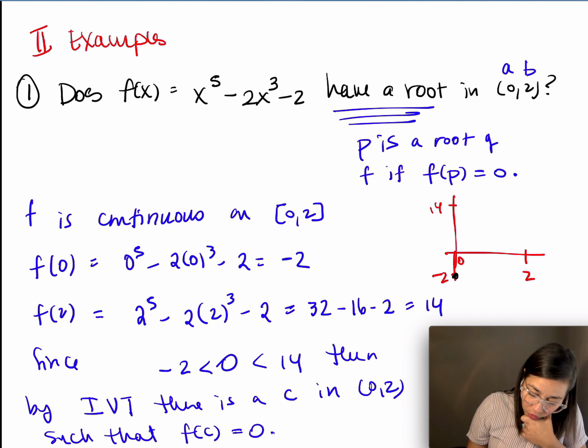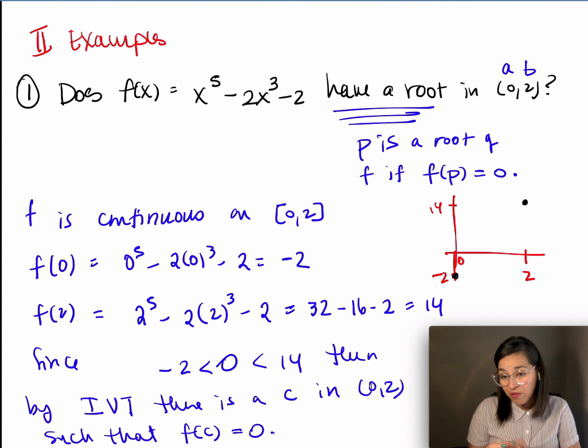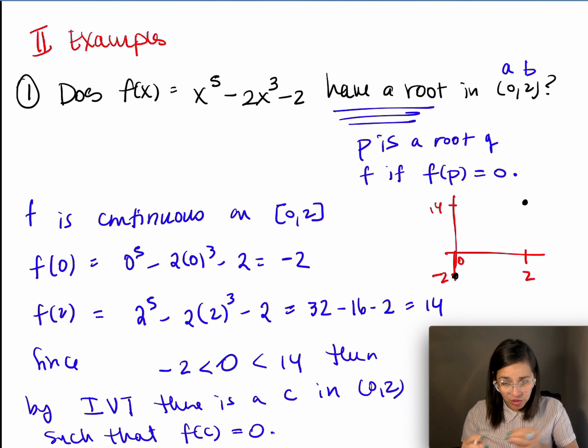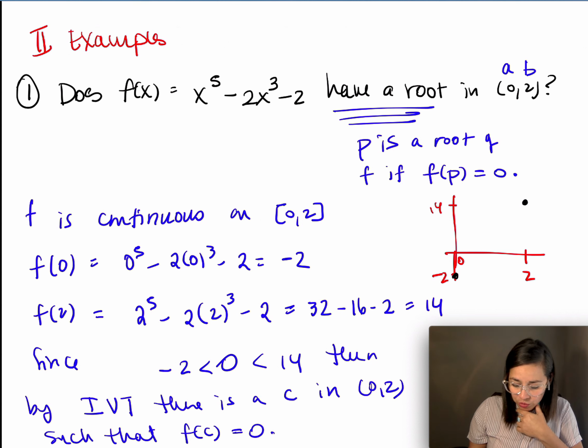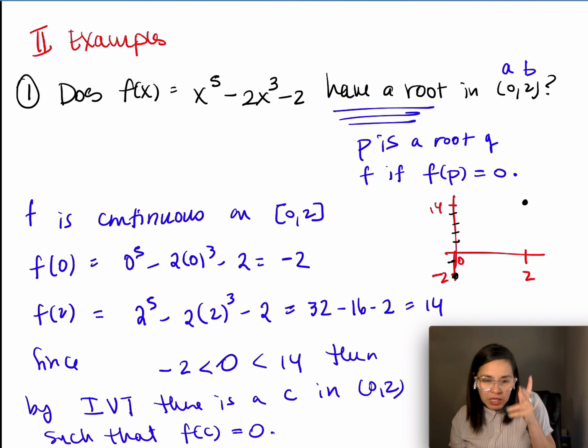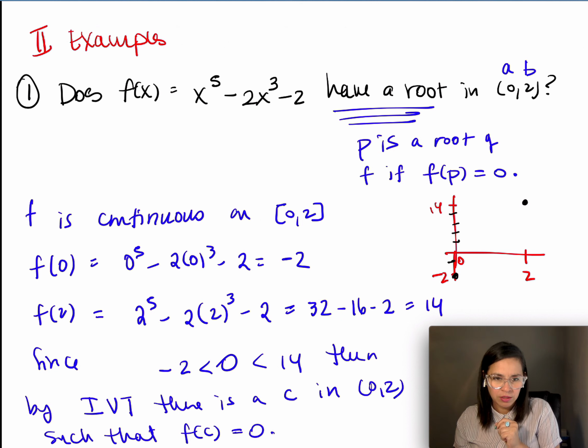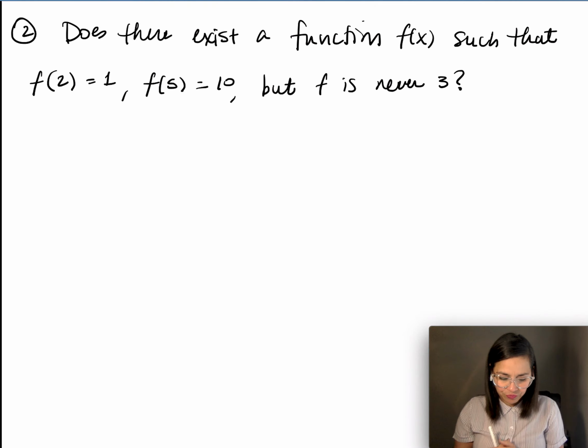I don't know the behavior of the graph, but I know that because of the continuity of the function, yes, there's a c such that f(c) is equal to 0, because you have to go through the x-axis. But there's also a c in between 0 and 2 such that f(c) is equal to -1 and 1, 2, 3, 4, and 2.5 and 3.17, and every single number in between -2 and 14. In this case in particular, we did it for 0 because we were talking about the root. Okay? Perfect.